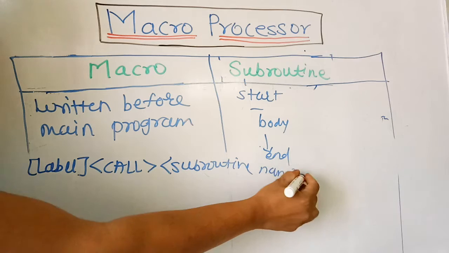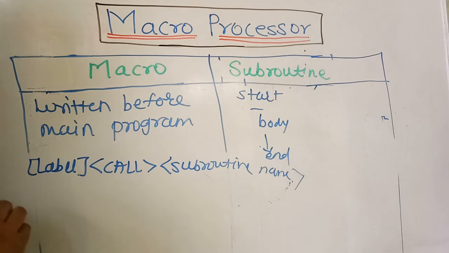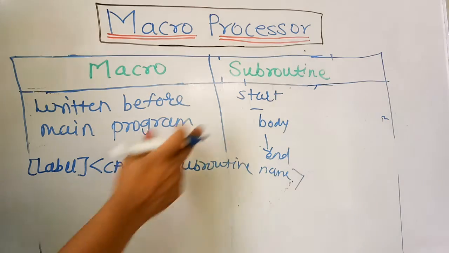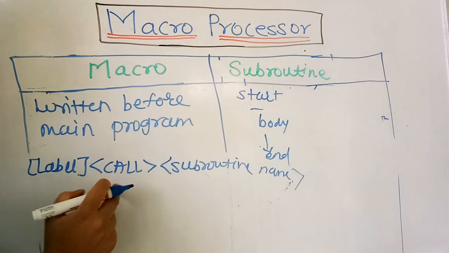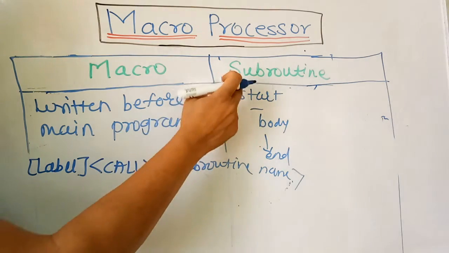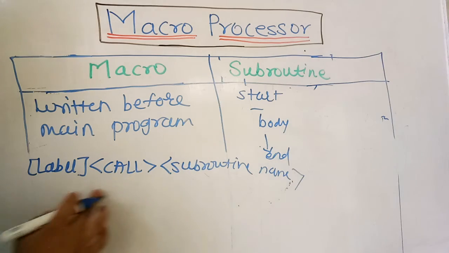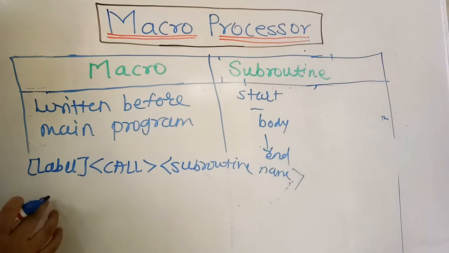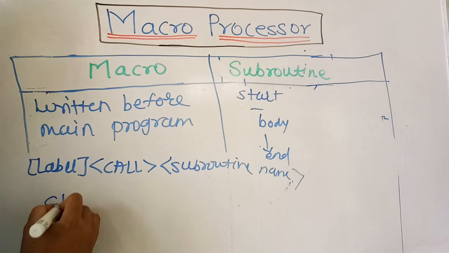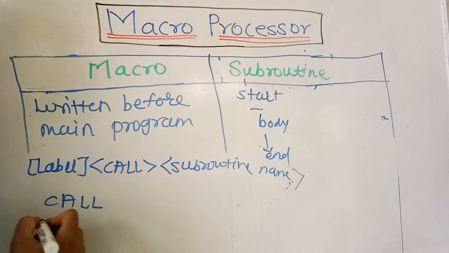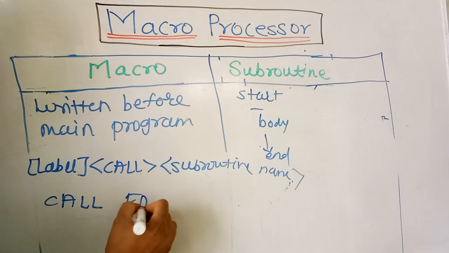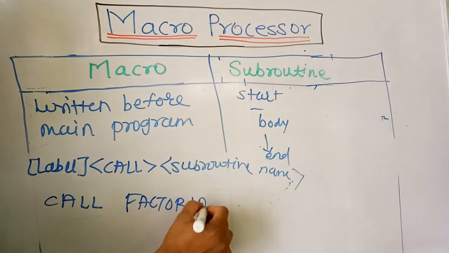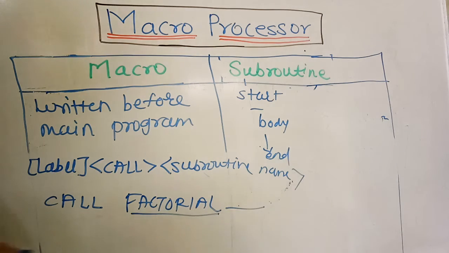Then, for example, when you have to call the same factorial function with the help of a subroutine, it is an actual bigger definition, not a small macro. Then how will it be called? You can specify the label and here you can write only the function name, that is factorial. There is no need to specify the parameters.